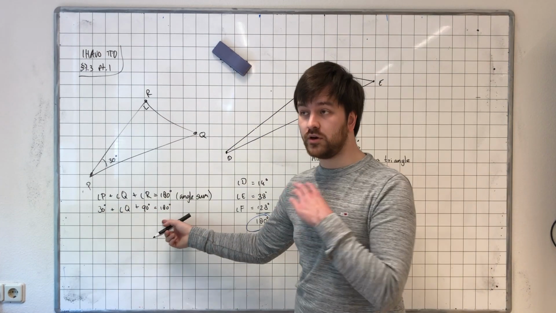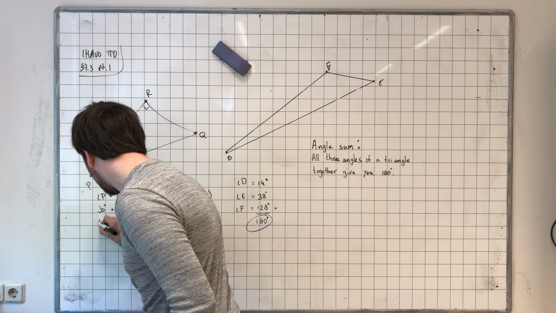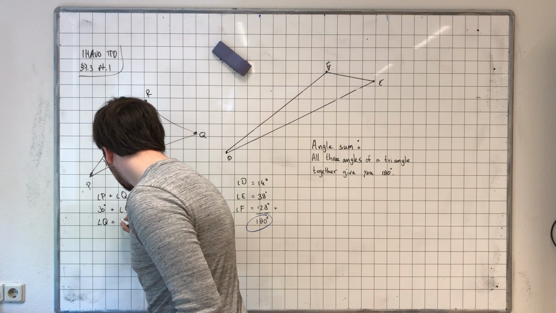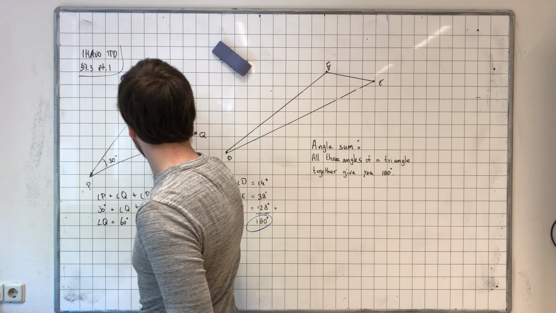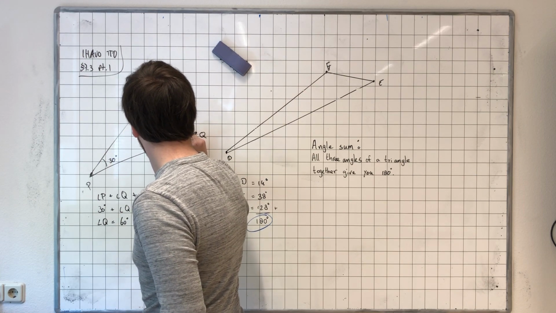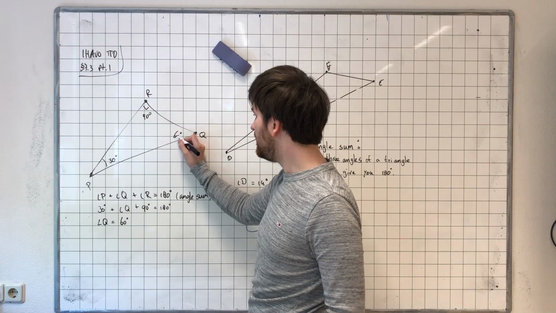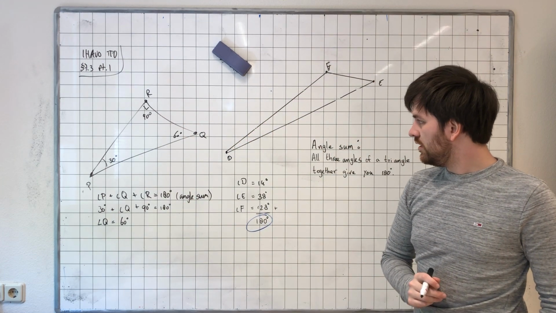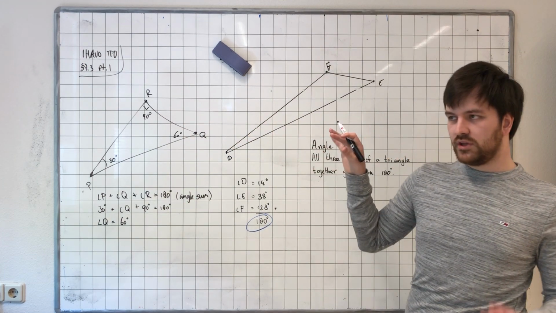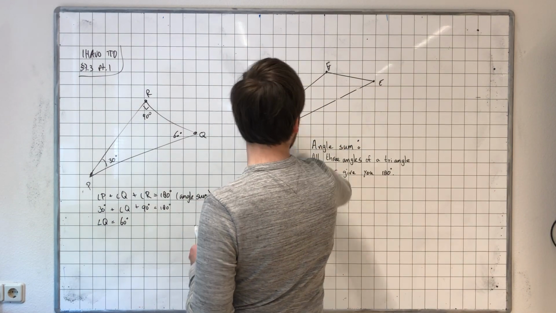You want to get to 180, so you need 60 more degrees. So angle Q is 60 degrees. And that should make sense because 30 plus 60 is 90, and 90 plus another 90 is 180. Is it always this easy? No, it will actually get a lot harder.